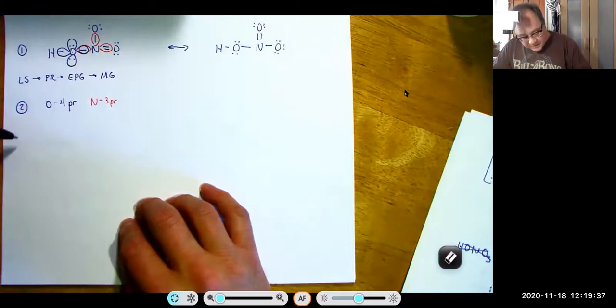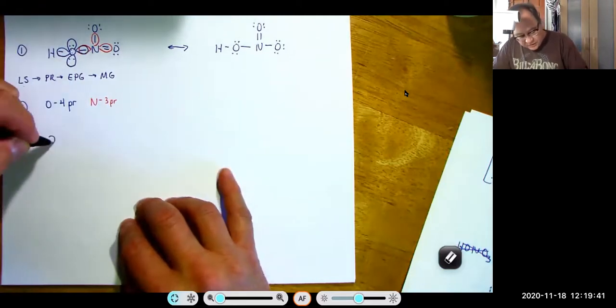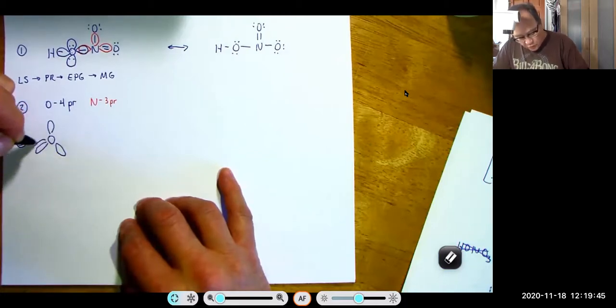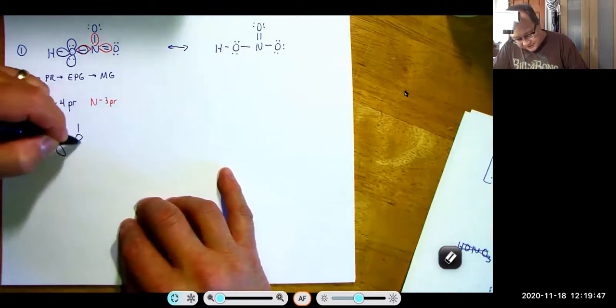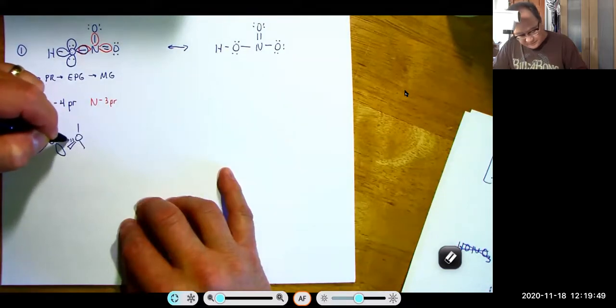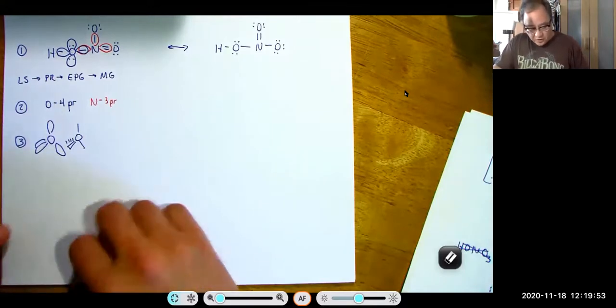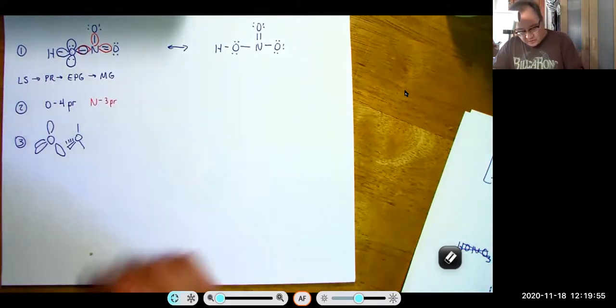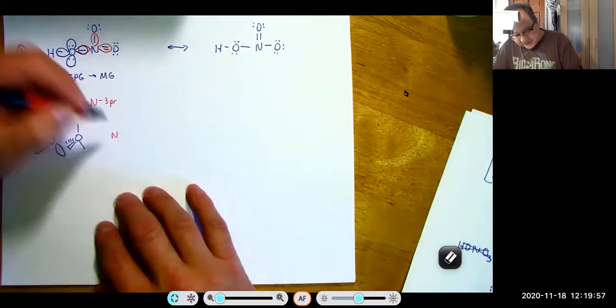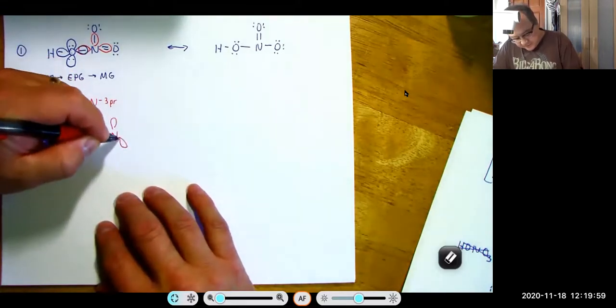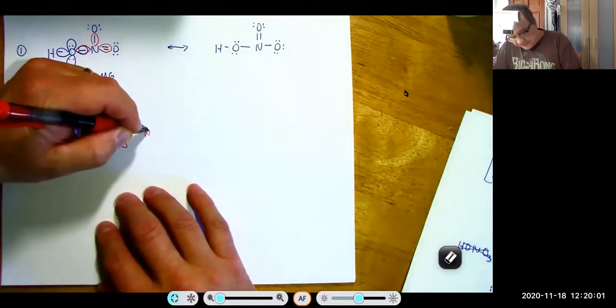So when we get to the electron pair geometry, this oxygen is going to look like this, or this. Tetrahedral. 4 pairs tetrahedral. What is 3 pair going to look like? Well, the nitrogen is going to look like this, or this.